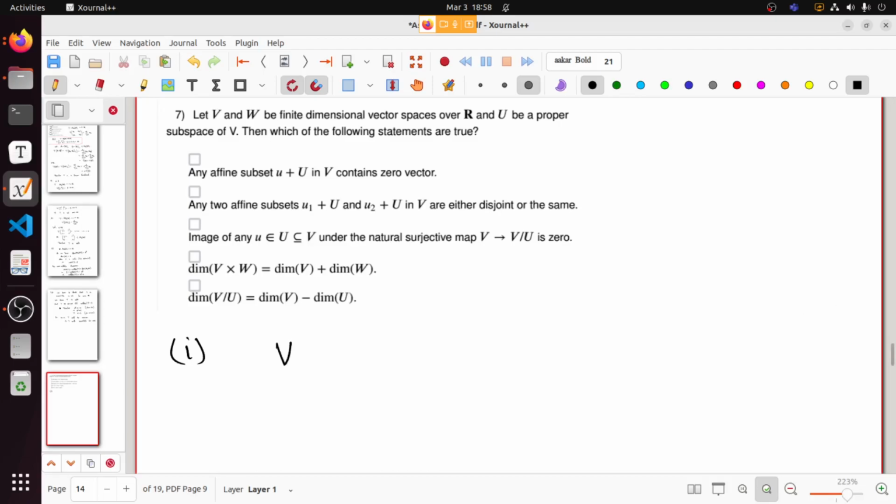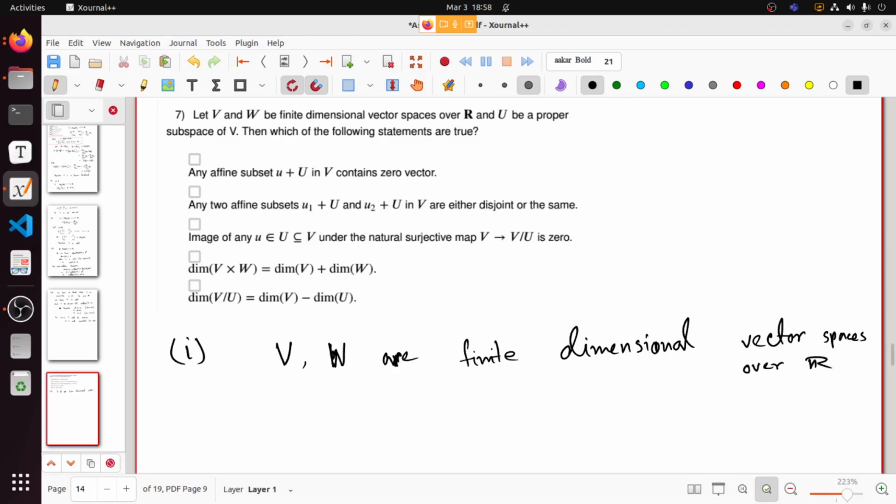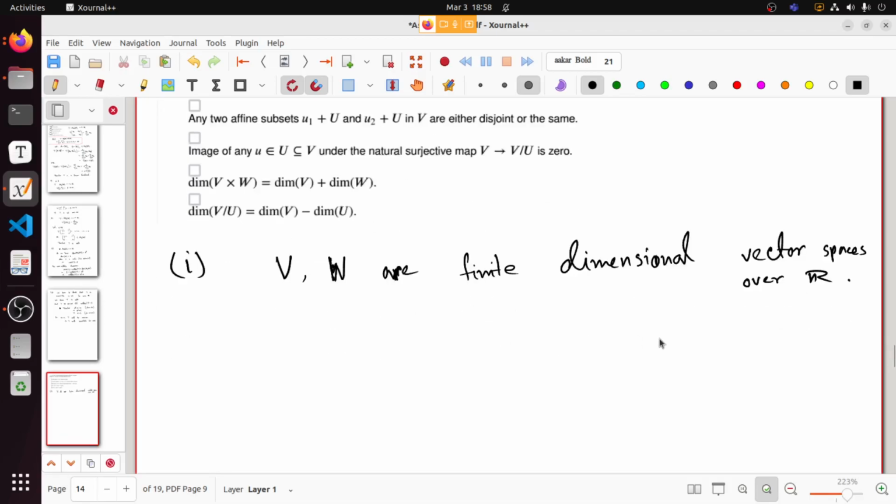V and W are finite dimensional vector spaces over R, and U is a proper subspace. So note what is meant by proper.